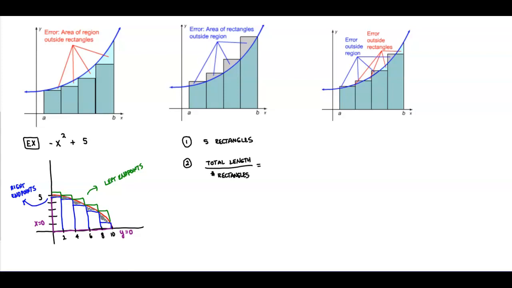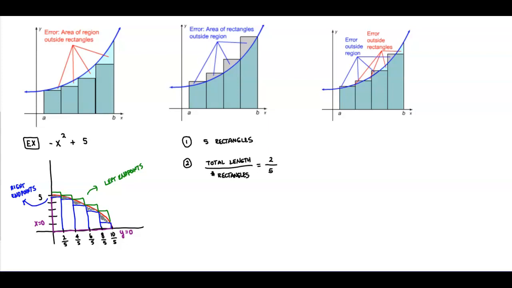Okay, so what is the length of each rectangle? Well, it's in increments of 2, so we know that the length for each rectangle is going to be 2. And how many rectangles do we have? Well, we have 5. So that means that this becomes 2 over 5, 4 over 5, 6 over 5, 8 over 5, and then 10 over 5.